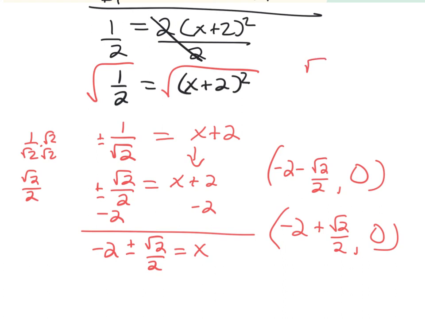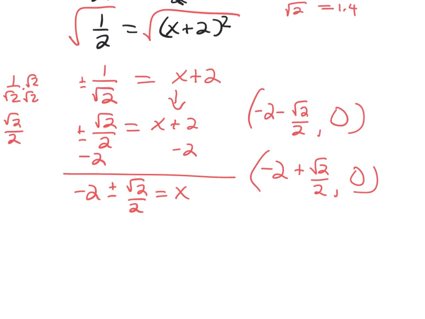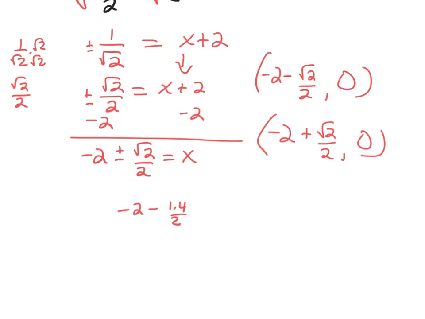The square root of 2 is approximately 1.4. So for example, if I'm doing negative 2 minus 1.4 divided by 2, when I do this on my calculator, I get about negative 2.7, comma 0. And then here, if I add it, I would get negative 1.3, comma 0.